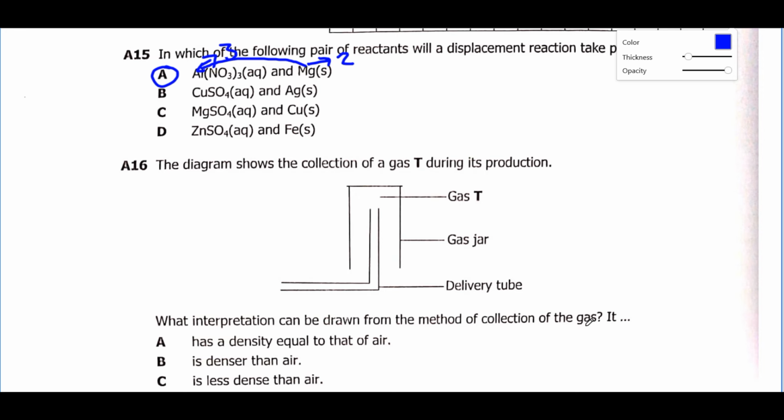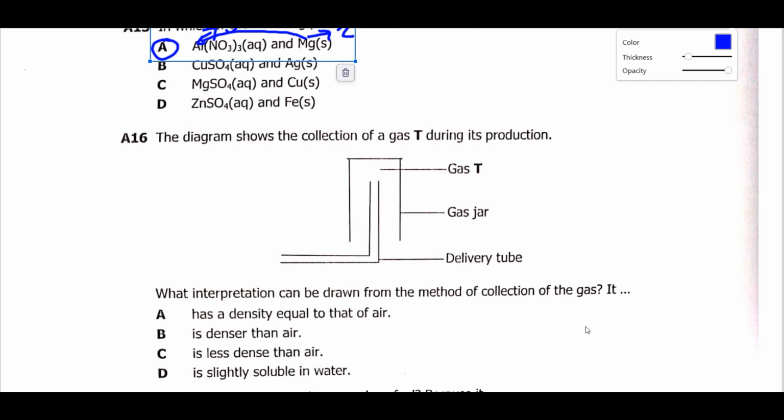The diagram shows the collection of gas T during its production. What interpretation can be drawn for the method of collection of the gas? If you look at this gas, we can't see water. Therefore, this gas must be soluble. Now, what else are we supposed to see?